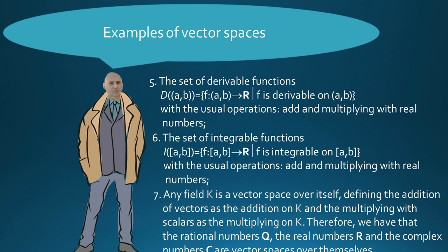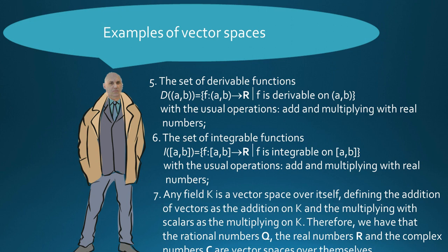The set of derivable functions D(a,b), open interval, equals f defined on (a,b) with values in R, where f is derivable on (a,b), with usual operations. 6. The set of integrable functions I[a,b], closed interval, equals all functions f defined on [a,b] with values in R, where f is integrable on [a,b], with the usual operations of addition and multiplying with real numbers.